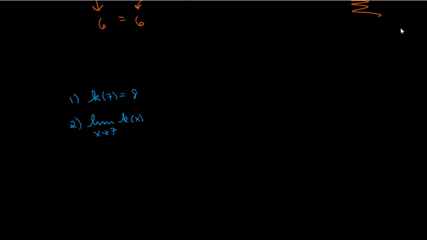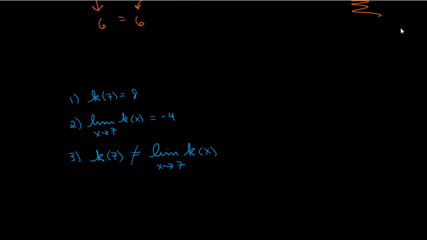And when you do the limit, it does exist, but it equals -4. That's possible. Both of these exist. Things are fine as far as them existing, but it fails at the third step. k at 7 and the limit of the function as x approaches 7 are not equal.